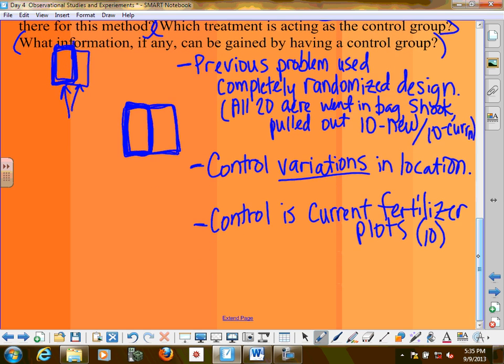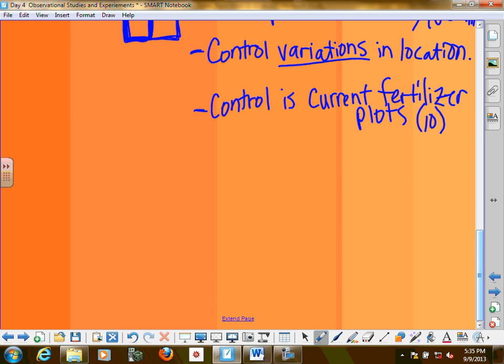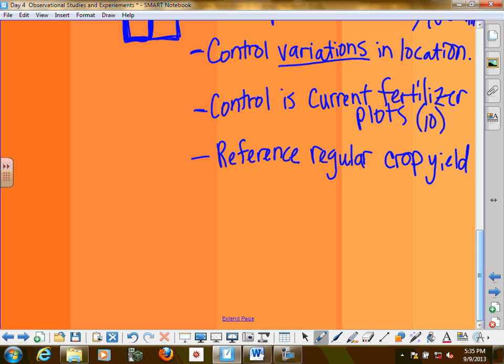Well, you have a form of reference. You can reference the regular crop yield to see if new fertilizer yields more.